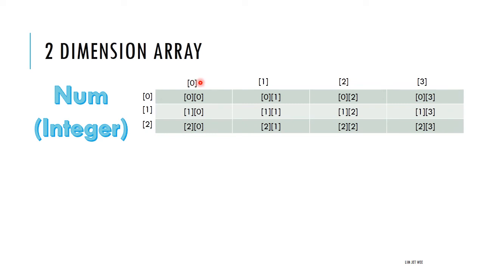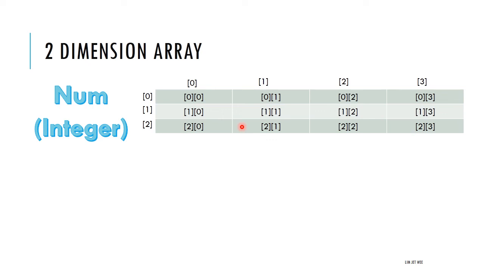If you refer to our previous idea of using an index, this time I will have 2 sets of indexes. One set of indexes up here, one set of indexes down here, and then each box is represented by these two sets of indexes.